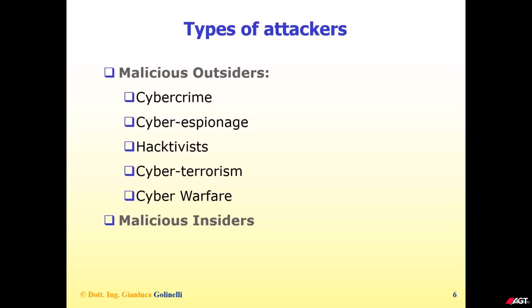Most of the attackers are people unrelated to the attacked targets, but in about 30% of cases, the attackers can be people within the target, the so-called malicious insiders. Attackers from the inside are often underestimated, with serious consequences from the point of view of security measures for the internal protection of networks.